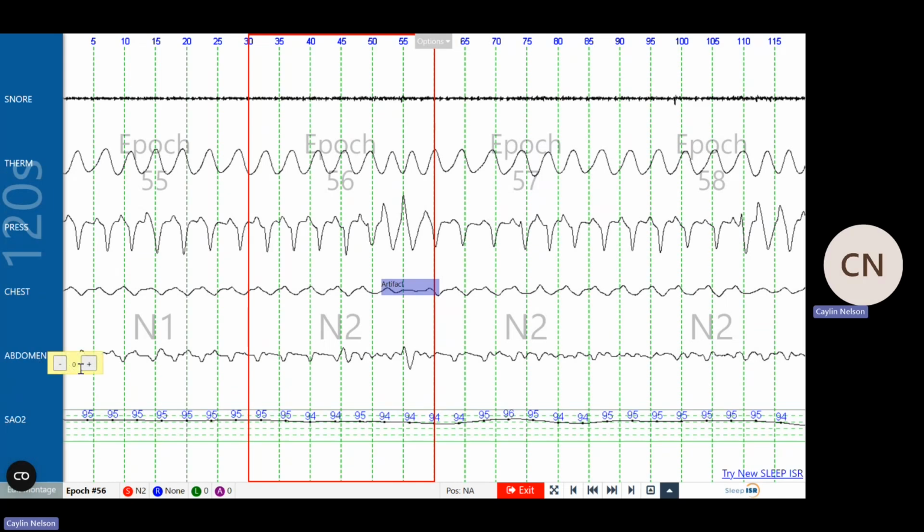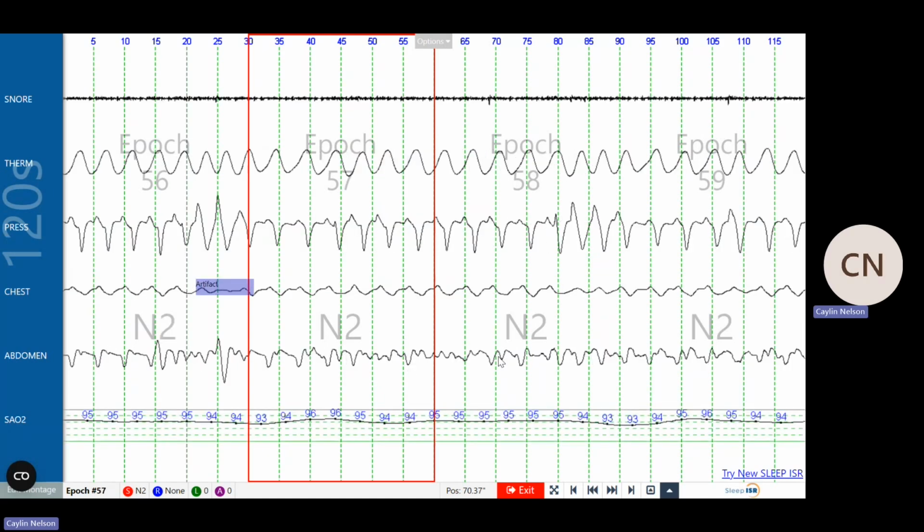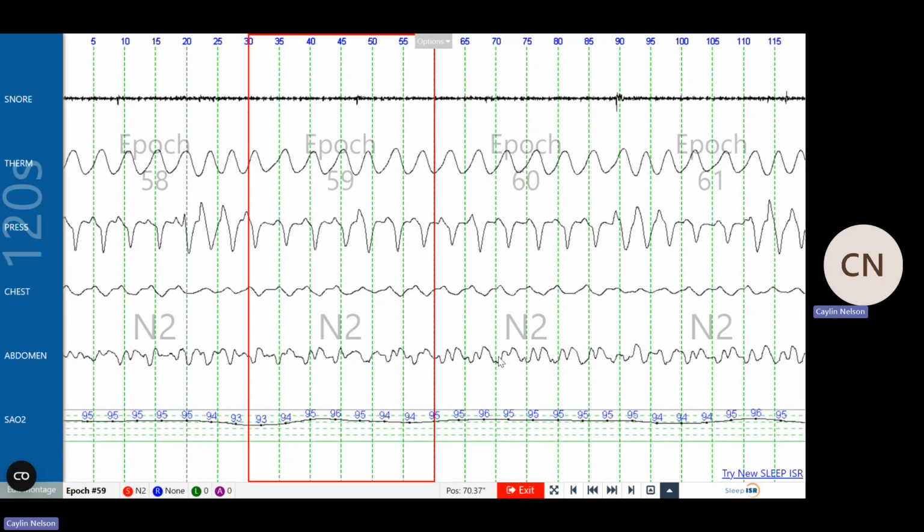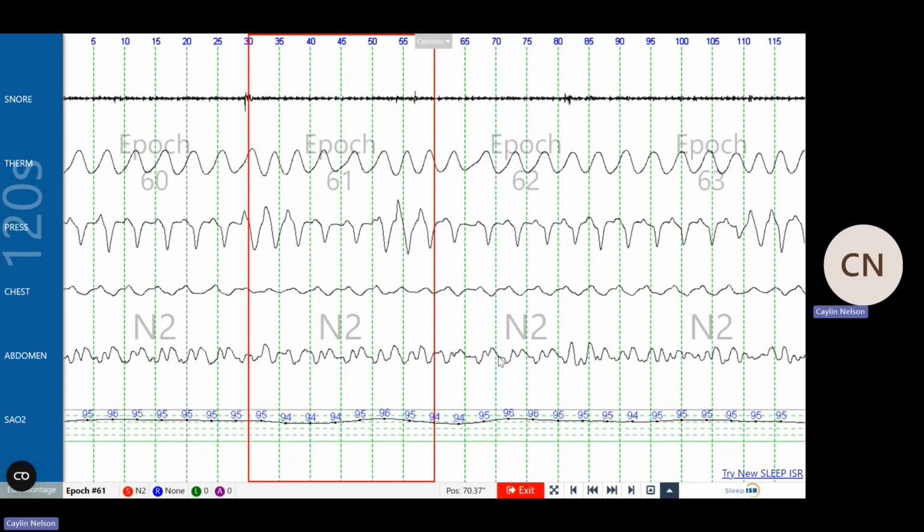So that's typically how you can tell that the effort belts are having artifact, is to look in your flow channels to see if they coincide with what it is. If it doesn't coincide, then it's likely just artifact. Now, if all of those channels were flat, then it'll be like a central. But since it isn't, we're gonna move on to the next 4 epochs.